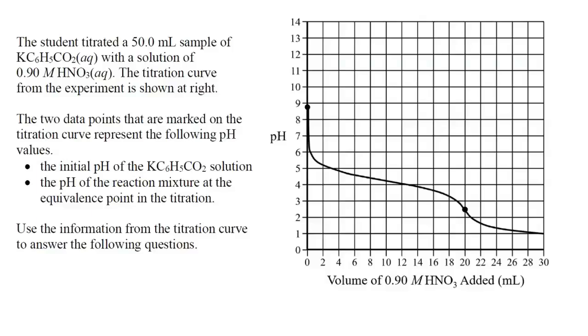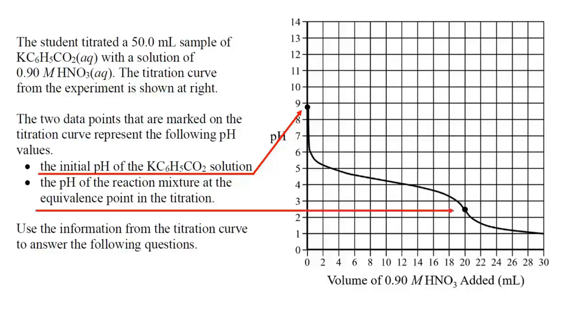And the two data points that are marked on the titration curve represent the following pH values. The initial pH of the potassium benzoate solution, estimating from the curve, was approximately 8.8 or 8.9 at the very beginning before the titration experiment started.